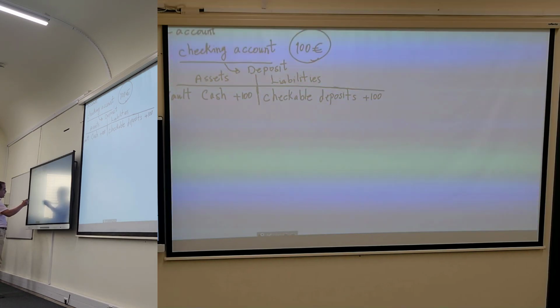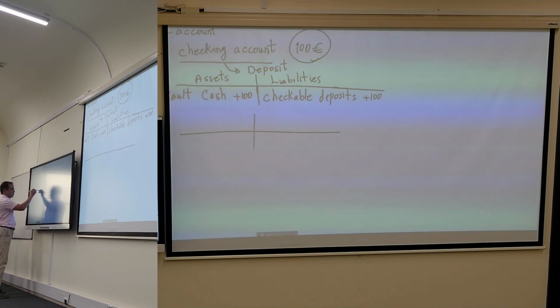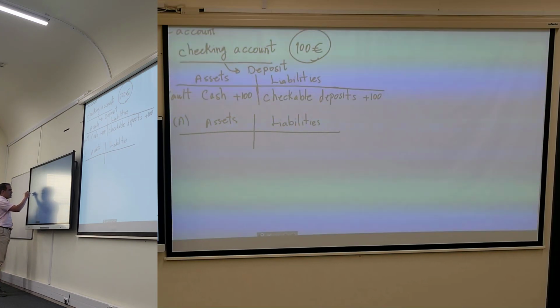So it is a part of the bank reserves. So we will have what? We will have on the asset side, it could be like this, that we have the T accounts again, okay, A for the asset and L for liabilities.